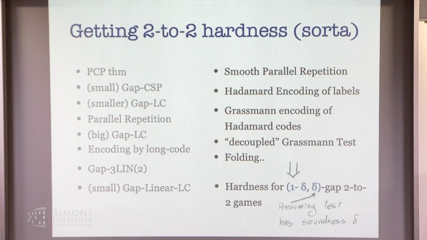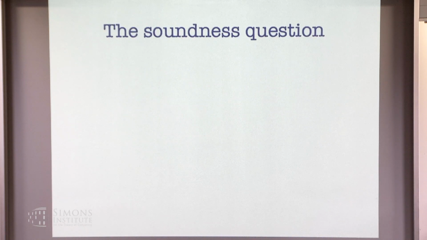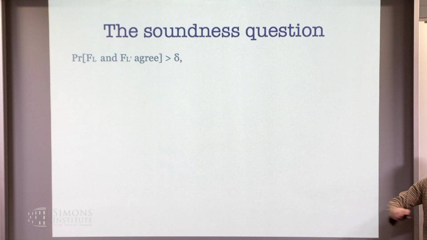Okay, so now forget about that. Let's return to the Grassmann test and think whether it really has soundness delta. So now, soundness. Forget all this PCP stuff. Someone gives you a linear function on every subspace of constant dimension.